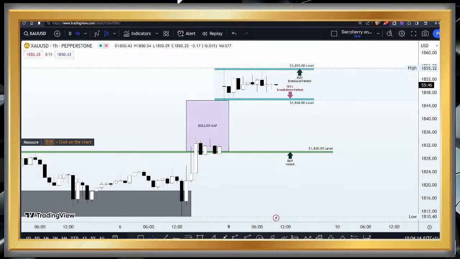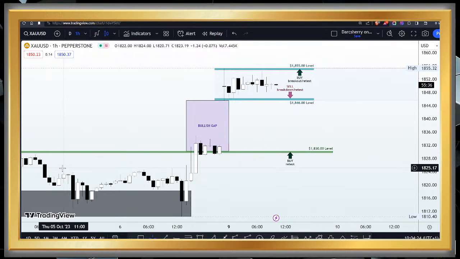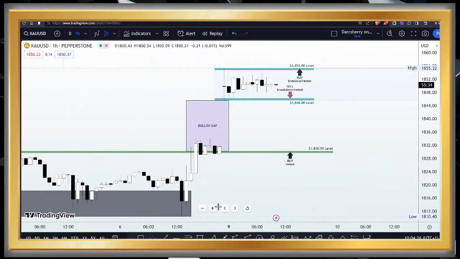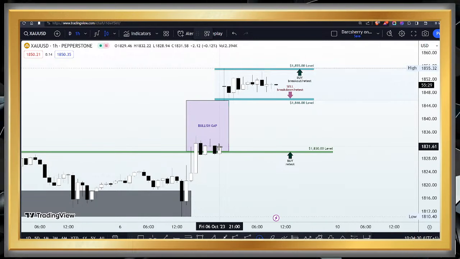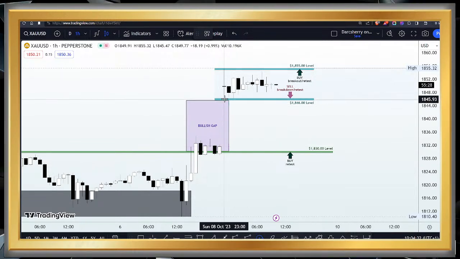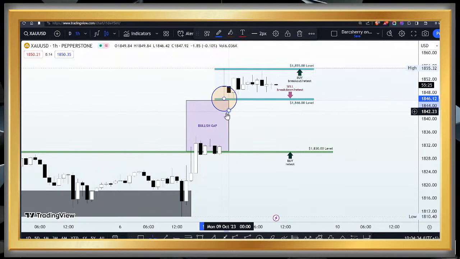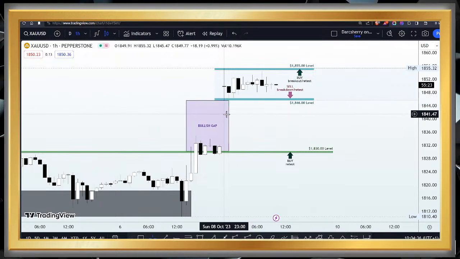So on the 1 hour time frame here, the first thing we observed this morning is the fact that price action had found a bullish gap. In fact, we have about a $16 gap. As you will see, price closed the week last week around the 1,831, and we saw the market open around the 1,846, which reveals the nature of trading activities during the course of the weekend.